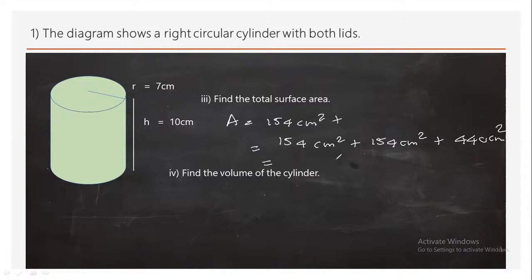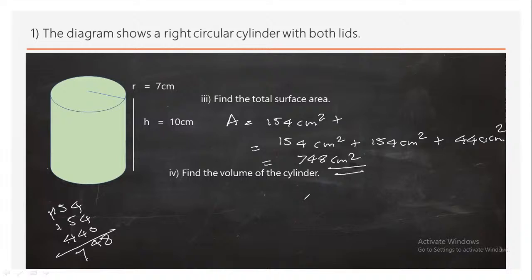All together, how much? 440, that is 8, 5 and 5, 10 and 4, 14, 1 remaining, 2, 3, 4, 7. 748 square centimeter.